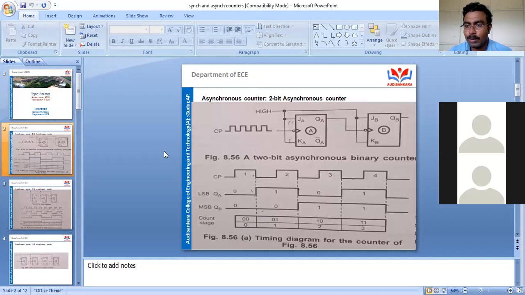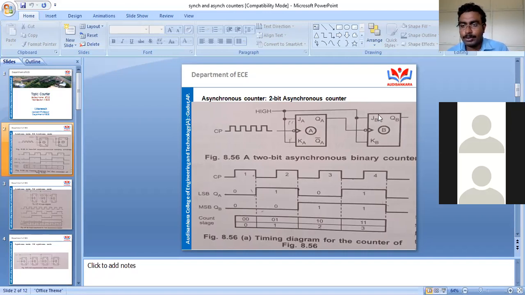Based on the number of bits we have, we should have that many flip-flops, because a flip-flop can store only a single bit of information. If you are trying to store 2-bit information, you should take 2 flip-flops. If you are storing 3-bit information for processing, you should use 3 flip-flops.